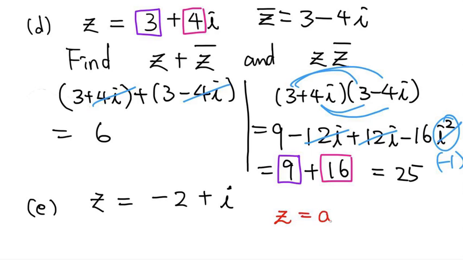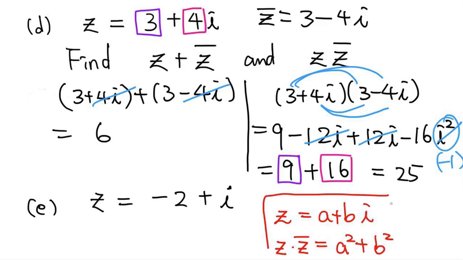If z is a complex number a plus bi, then z times its conjugate z bar equals a squared plus b squared. And this is called the complex conjugate product theorem.